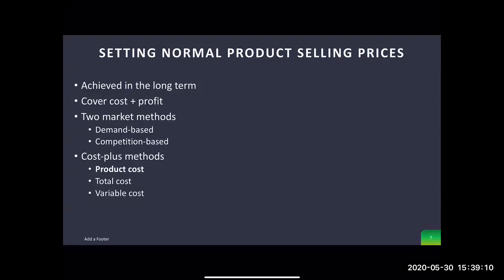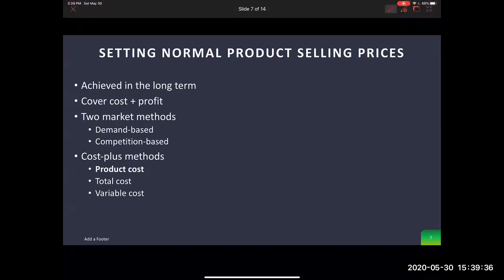Above anything, you need to make sure whatever you set your price to covers the cost of manufacturing that product, right? So if it costs you $10 to make it, you're not going to want to sell it for $8 because you're going to be coming up short. You need to set that price high enough to cover your costs, and then anything above that is some kind of profit. So we need to cover the cost plus make a profit.